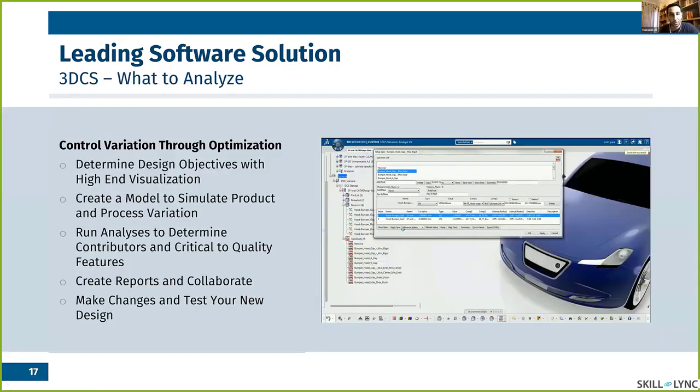Here, we determine design objectives with high-end visualization. We create a model to simulate a product and process variation. We run analysis to determine contributors and critical-to-quality features. Then we create reports and collaborate.